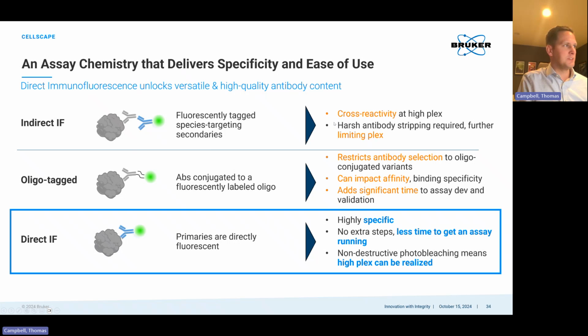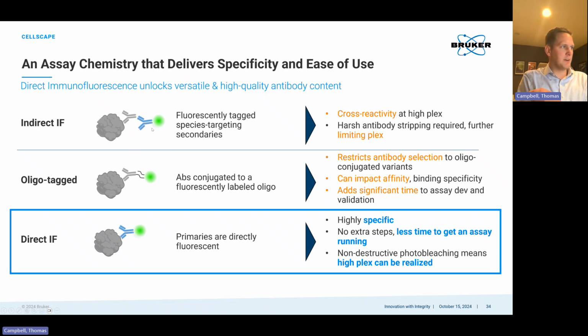One of the biggest challenges with this, of course, is that it's a very conventional approach for low-plex immunofluorescence imaging. But once you start trying to multiplex at a really high plex level, you realize that it's imperative that you remove the entire primary-secondary complex.